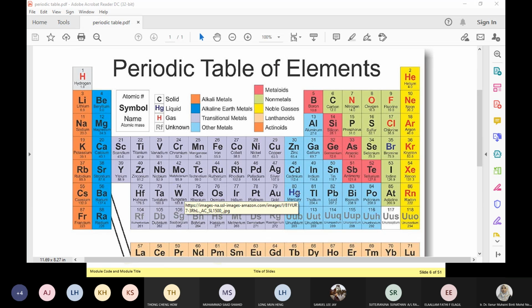Hg. Because mercury is under other metal, but also is a liquid, whereas the rest in black color is solid. Hydrargyrum, the only liquid metal at room temperature. So just now I asked you how much is the proton of mercury. Your answer is 80.